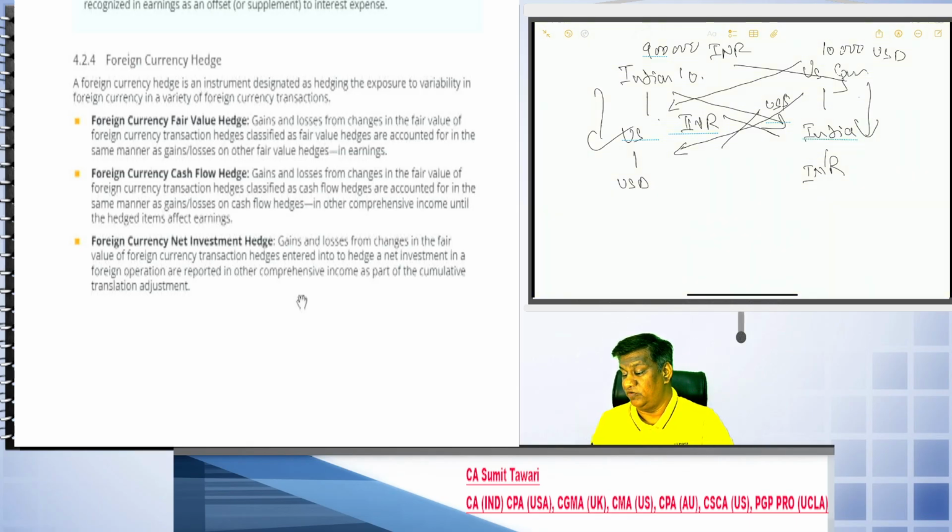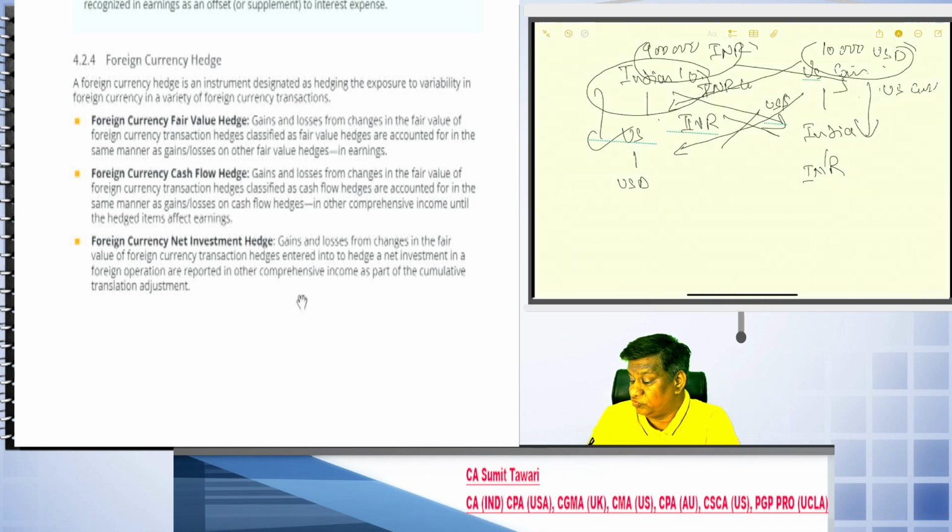Whatever the EMI, the Indian company needs to pay it in INR, and the US company needs to pay the EMI in US dollars. So for the Indian company, they took a loan of 10,000 US dollars in US currency, but they need to pay the EMI in INR. Clear?